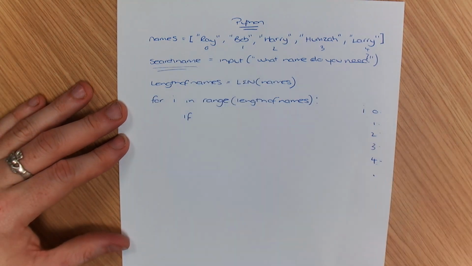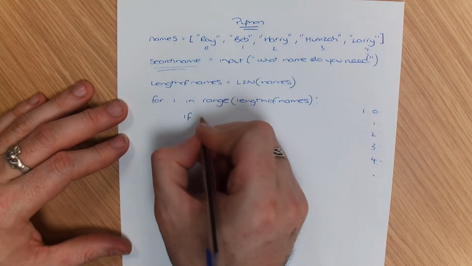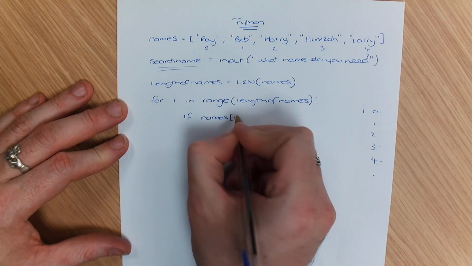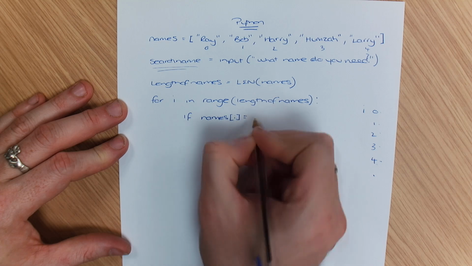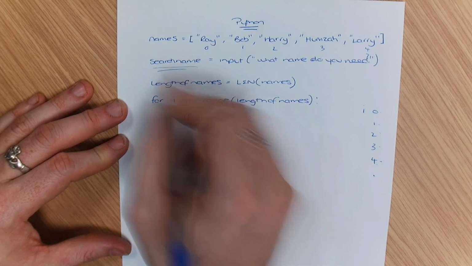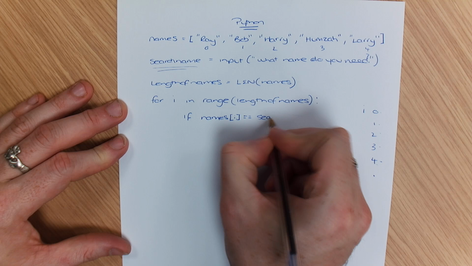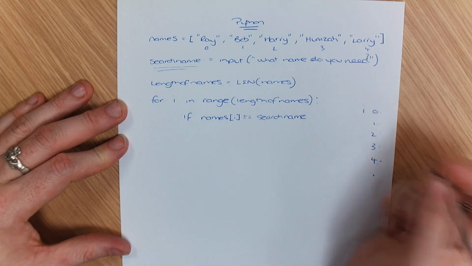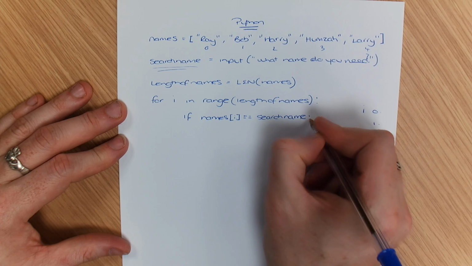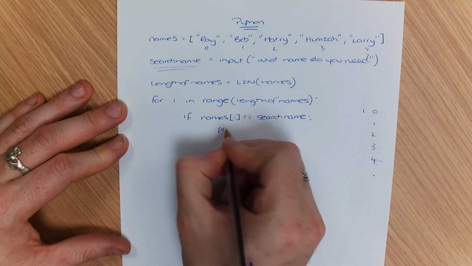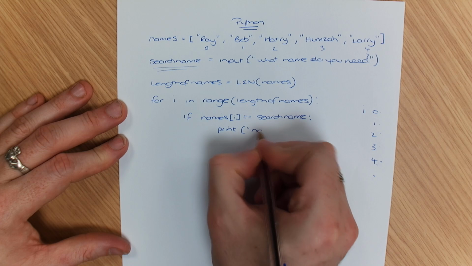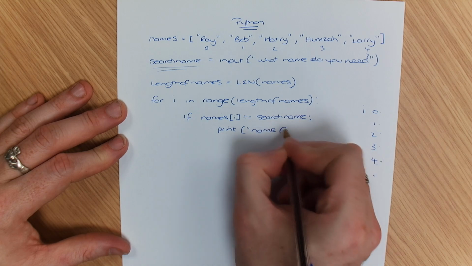So I say if names I equals search name, I'm then going to say print name found.